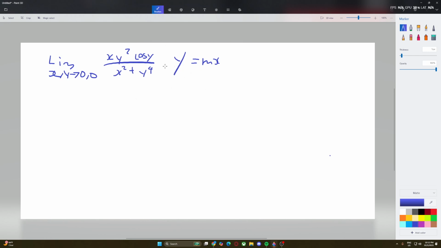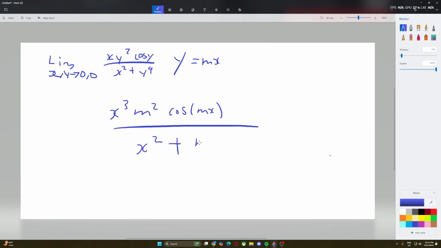So, let's plug in mx for y. If y equals mx, then that'll be x cubed m squared cosine mx over x squared plus m to the 4 times x to the 4.